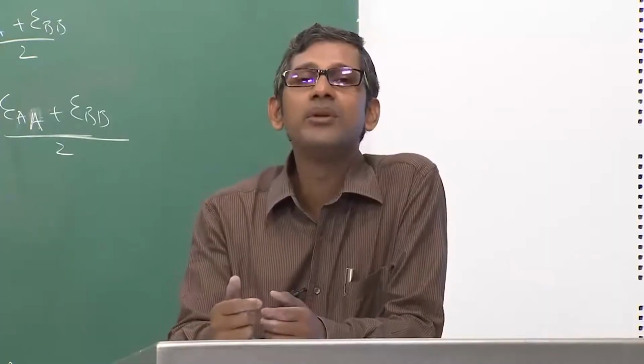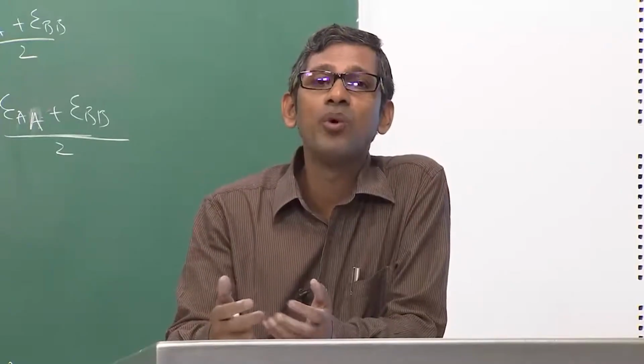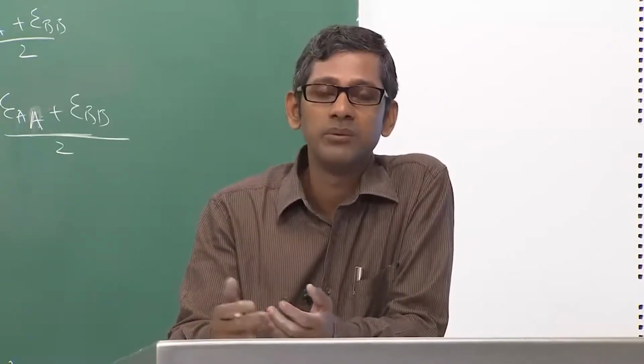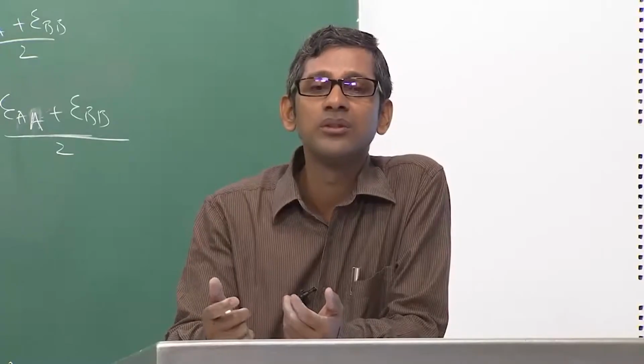So, in other words, temperature increase will lead to increase of this term. Delta H mix will not change drastically, it will have small changes. So, if the entropic term is increasing because of increase of temperature, solid solutions will be more preferred, but more or less preferred has no meaning. It is basically that solutions will always be preferred for any value of omega less than or equal to 0.